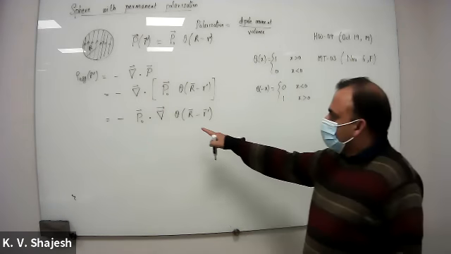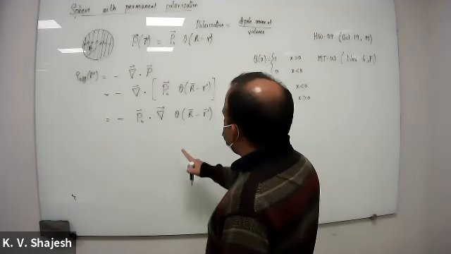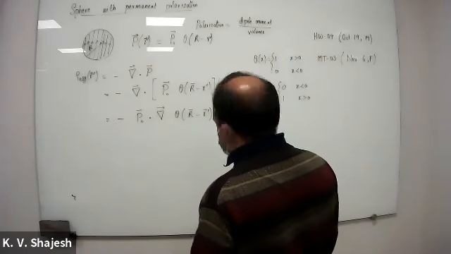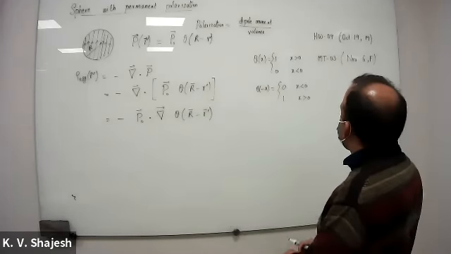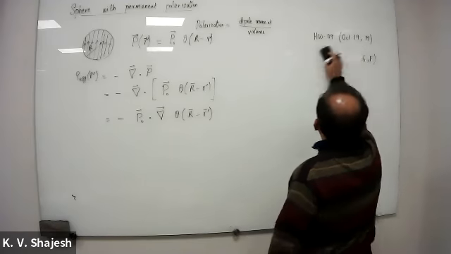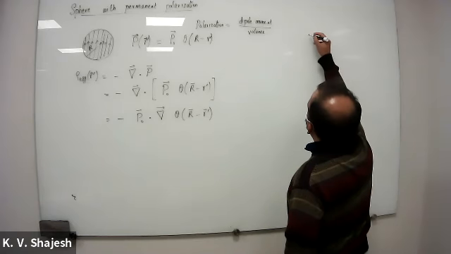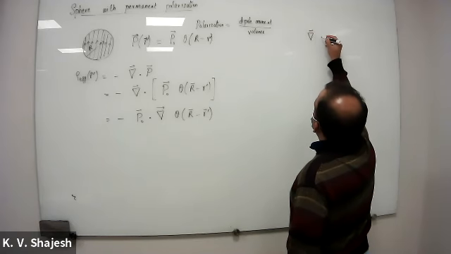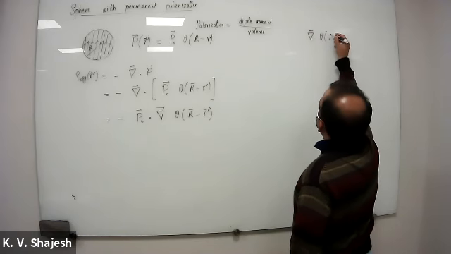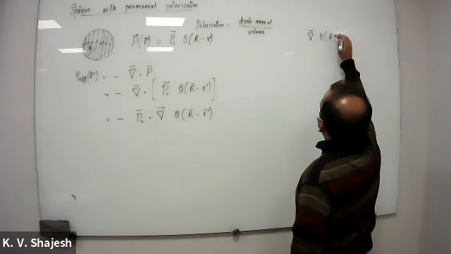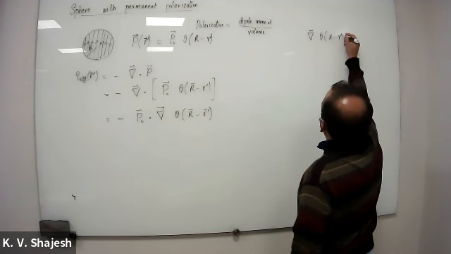But we know that this acts only in the radial direction. So let's see that more carefully. So the gradient acting on the step function, or minus it, so that's no vector, so that's a scalar.